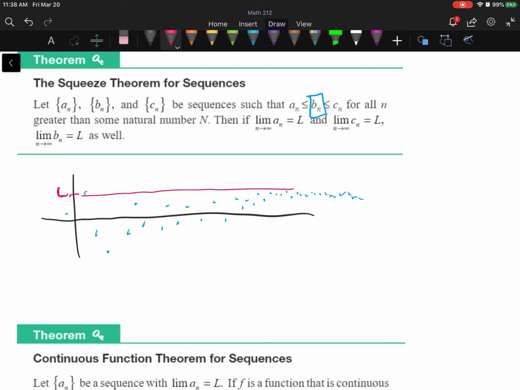And it looks like bn is settling down over time, getting closer and closer to this limiting value L. If we can sandwich this poorly behaved sequence with a couple of nicely behaved sequences, so let's say an is in orange and it's a nice upper bound. That one's kind of horrible, sorry. And then cn could be down here.